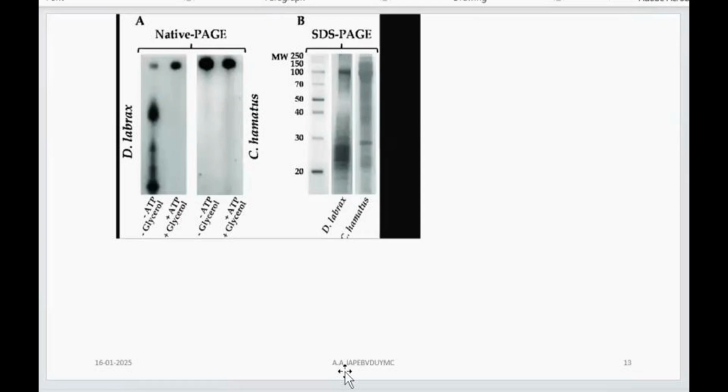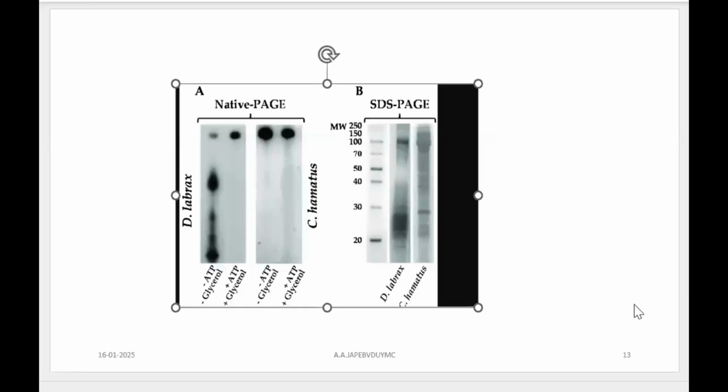Let's go back to the PPT again, where I actually wanted to show a research paper and what work they had done. It is about studying the proteins present in Antarctic fish and how these proteins are different from the proteins present in warm region or temperate region water systems.